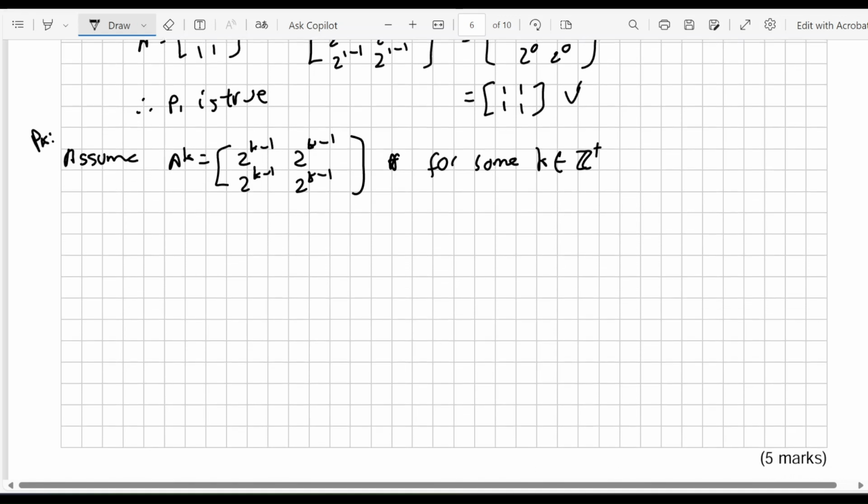So let's look at P to the k plus 1. A to the k plus 1 equals. Now let's do our want to show. So for our want to show, or in other words, that is our right hand side of this equation, we would hope to get 2 to the k in all spots.